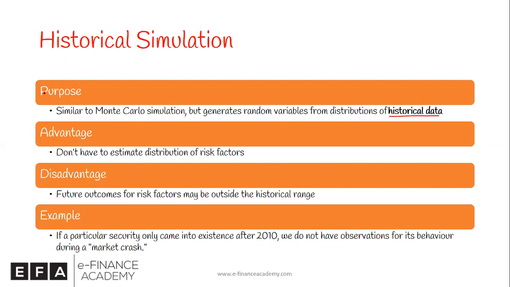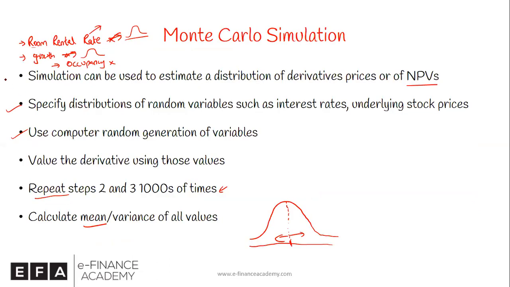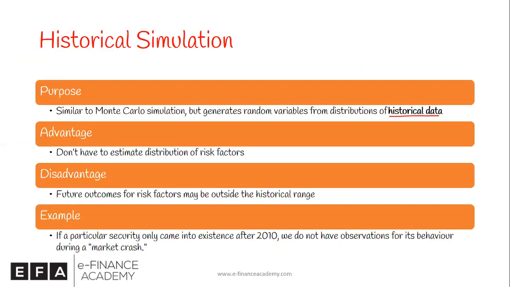But the disadvantage is, let's suppose you have come up with these room rental rate per night, growth rate, or occupancy rate on the basis of a historical period in which there was never ever a crisis. For example, you came up with these inputs on the basis of data from 2010 to 2015, and we know that between 2010 and 2015 there was no market crash.